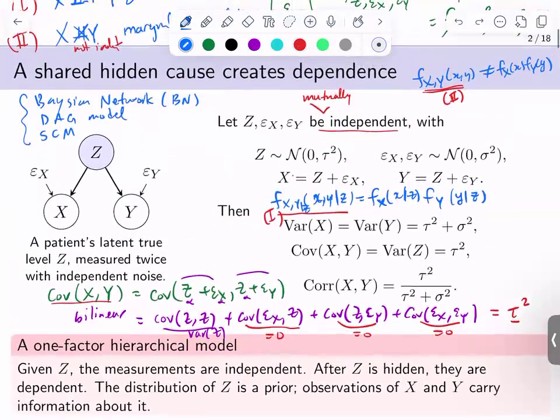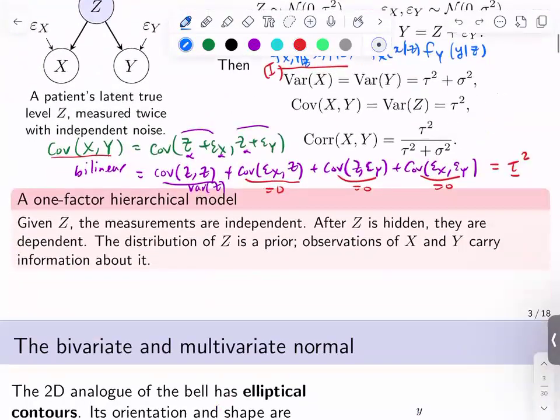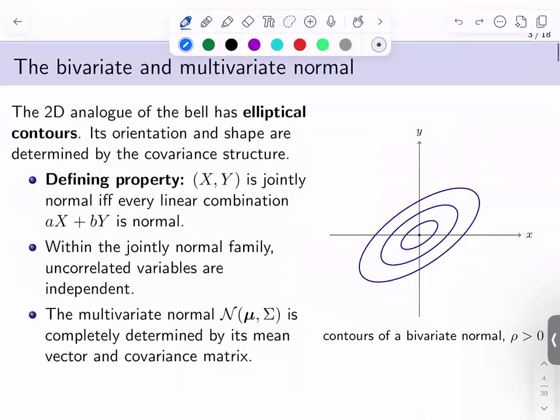It turns out that in this example, the pair x and y will have a bivariate normal distribution. The general bivariate normal distribution allows for general correlation. If you plot the density of x and y, these are the contours.